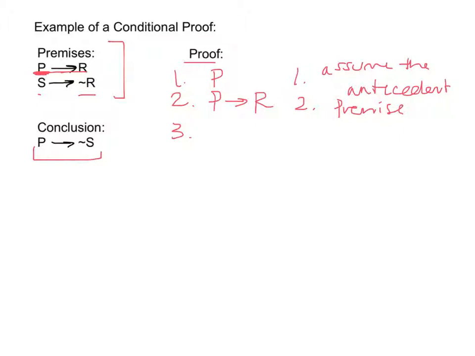And then we can conclude that R is true because we assumed that P is true, and that's using lines 1 and 2 and MP, which says that if you have if P then R, and you say that P is true, then R must be true. So then 4, we're going to say if S, then not R, and that's a premise.